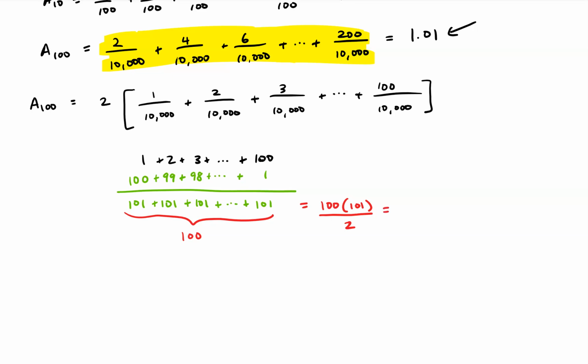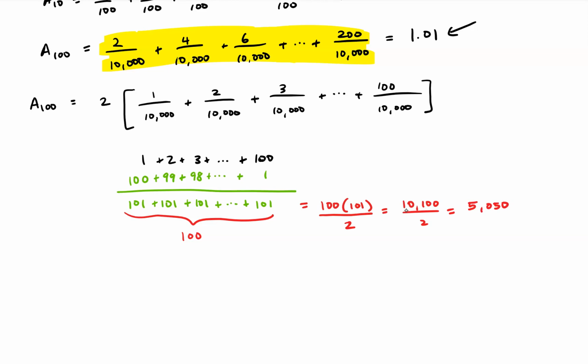So, let's see, what am I trying to say? So if you were summing the first 100 numbers, that sum would be 10,100 divided by 2, which ends up being 5,050.